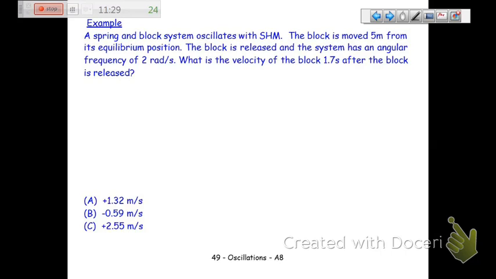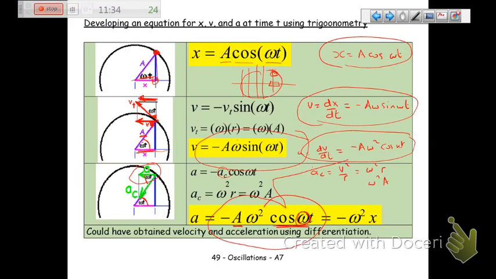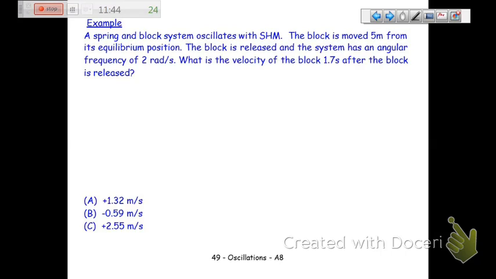A spring and block system, so you need to know those equations. Either you need to know how to derive them from calculus, or you need to be able to remember them. But those three equations are fair game. A spring and block system oscillates with simple harmonic motion.